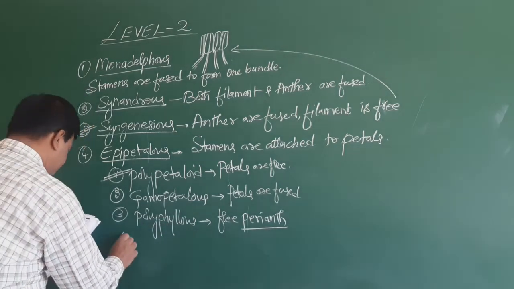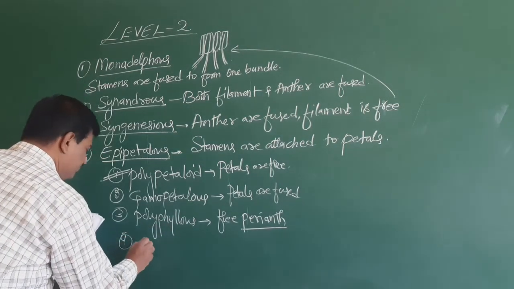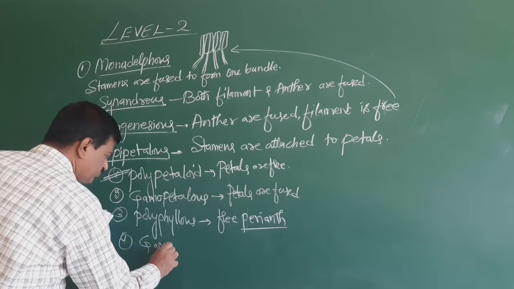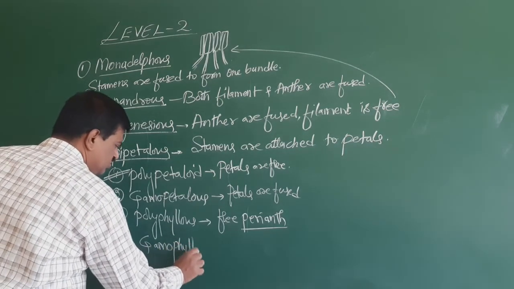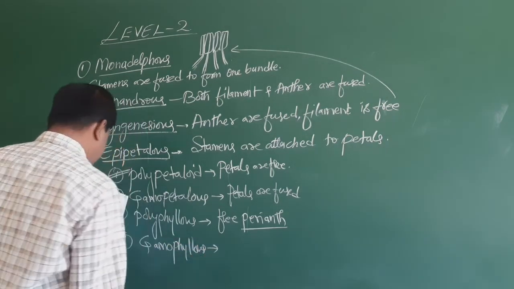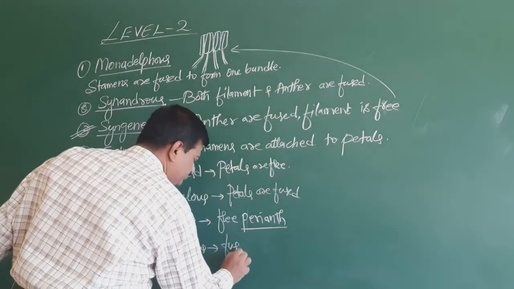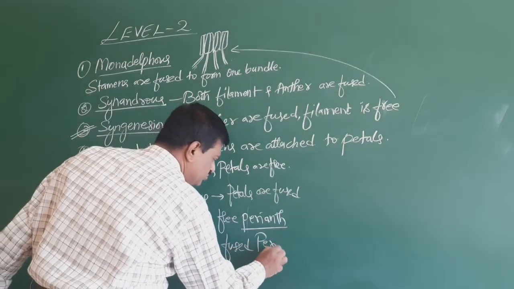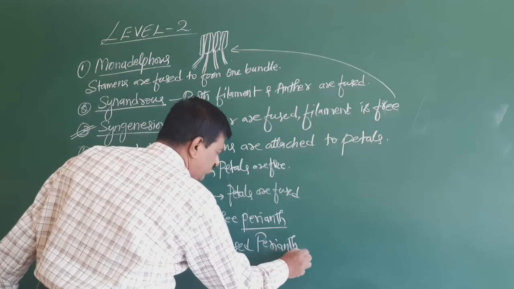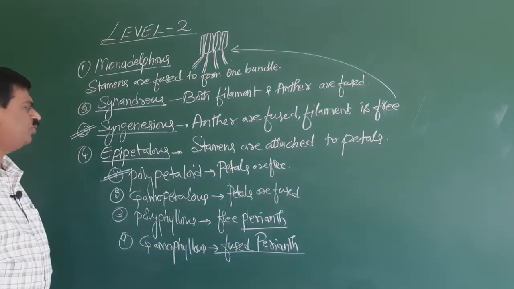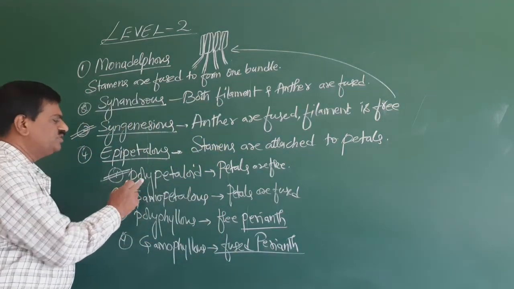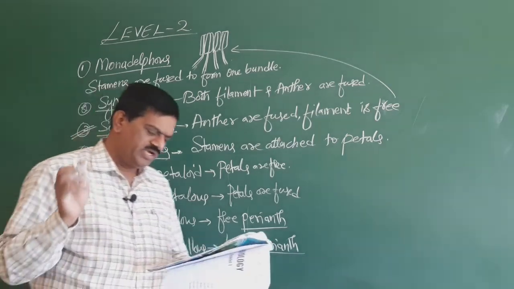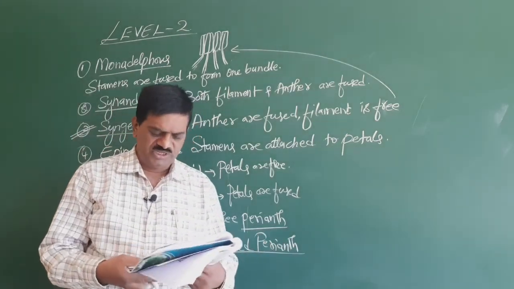And the fourth option is Gamophyllous. This is nothing but fused perianth. Tepals are fused. Hence petals fused is called Gamopetalous. But here petals are free, called Polypetalous. So we go for the next question.